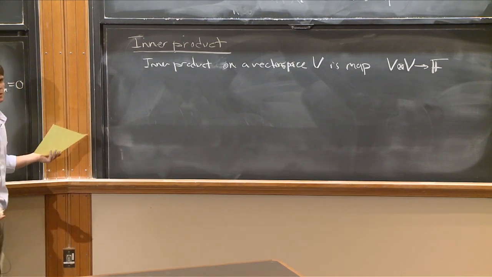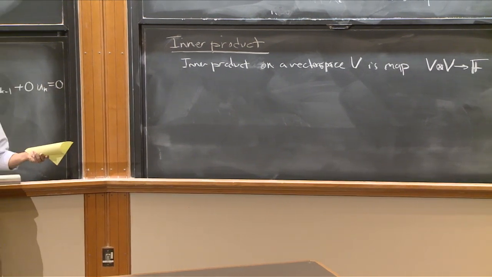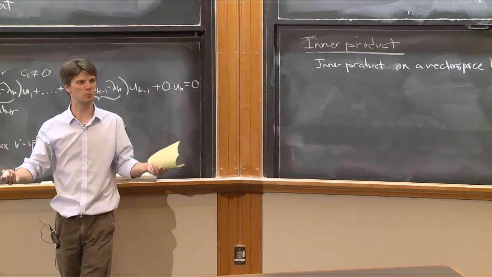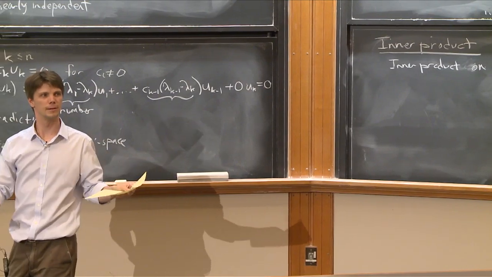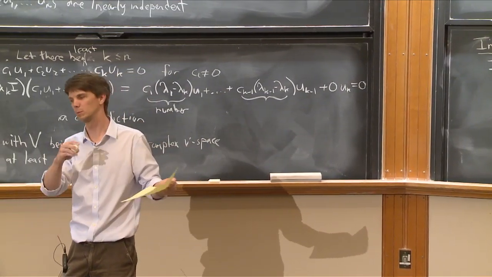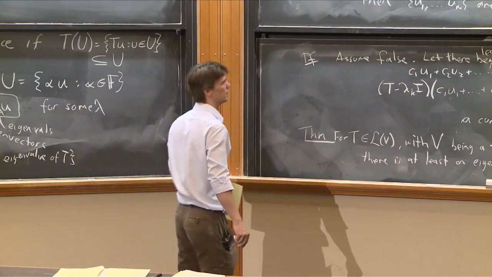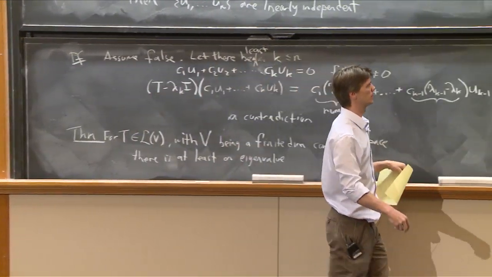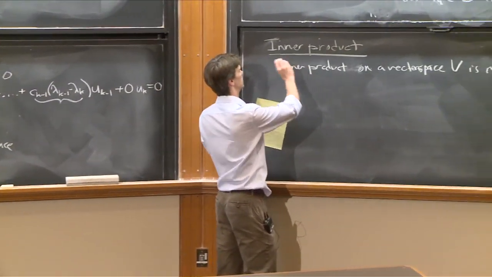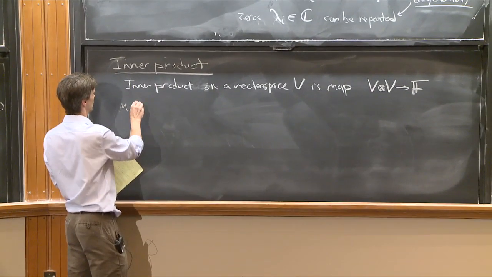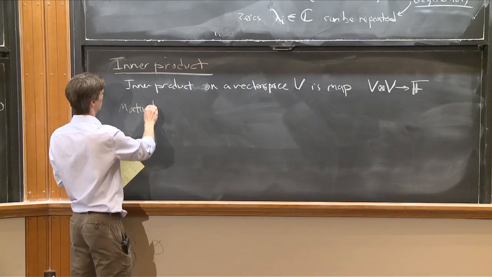Now, who has seen an inner product somewhere? Okay, what do we call it? A dot product, right. So we can learn a lot from thinking about this simple case. So the motivation for thinking about this is really the dot product.